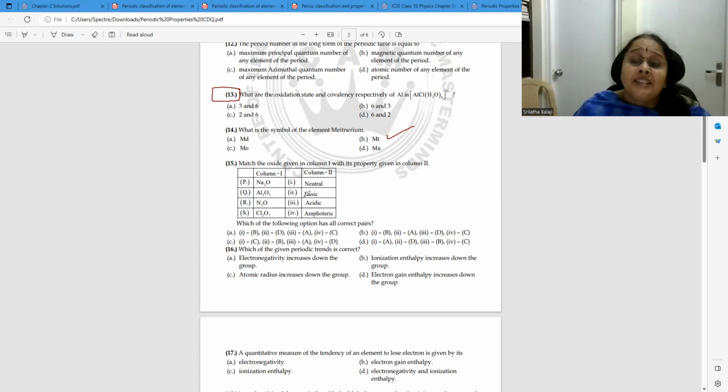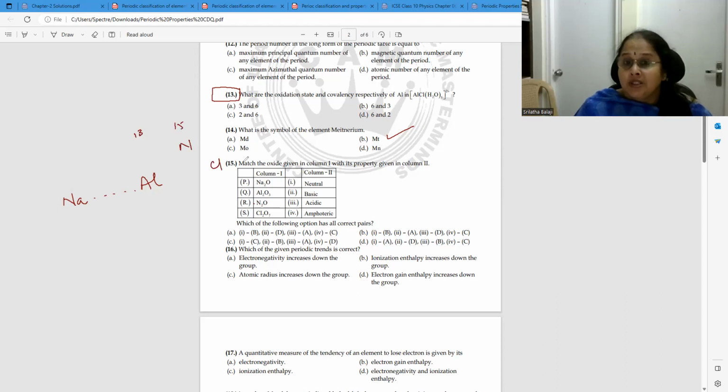What did we say about acidic basic character across the period and down the group? Look at the positions of nitrogen and chlorine. Sodium, in the same period you have aluminium. Aluminium belongs to 13th group. Then in the 15th group, you have nitrogen in the second period and chlorine.